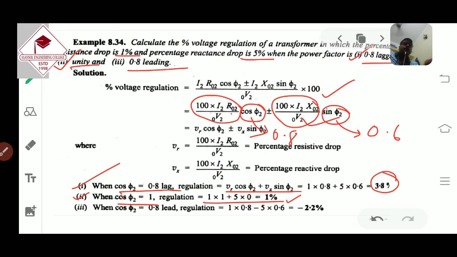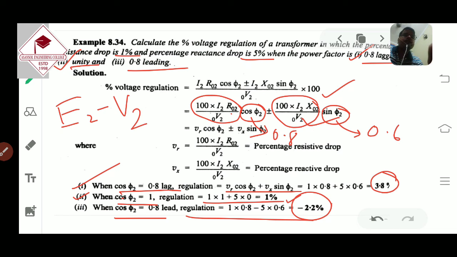Now the third case, when you put the power factor 0.8 leading, you can find that the voltage regulation is minus 2.2%. So what is the significance of this minus? It explains that if E2 minus V2 is a negative value, that means V2 is greater than E2.